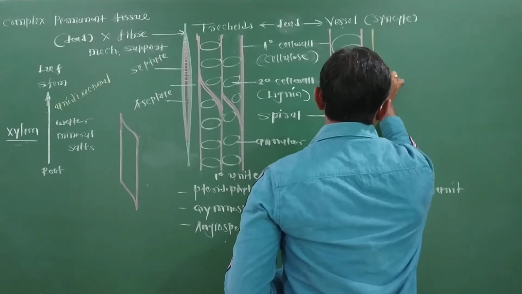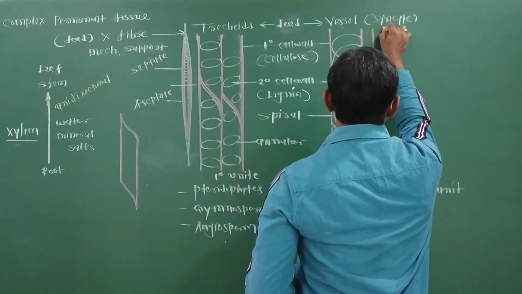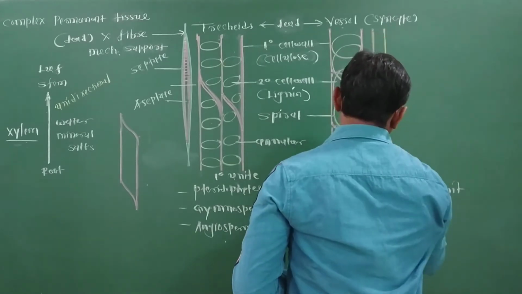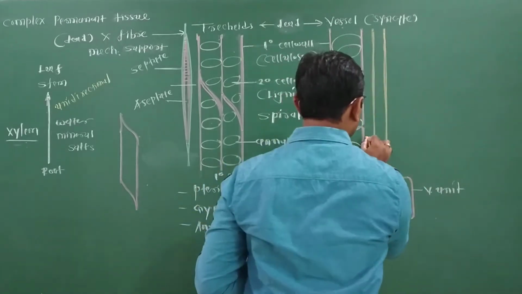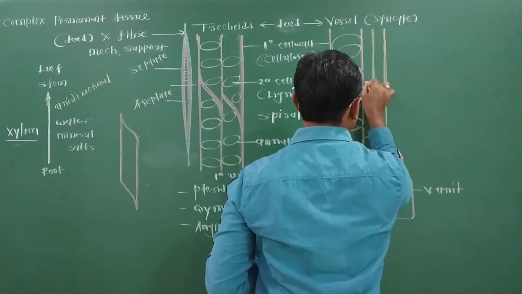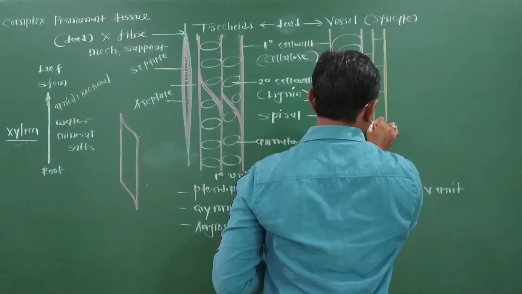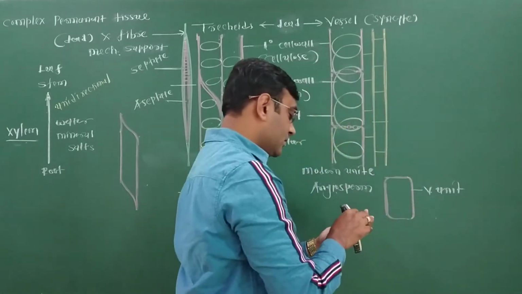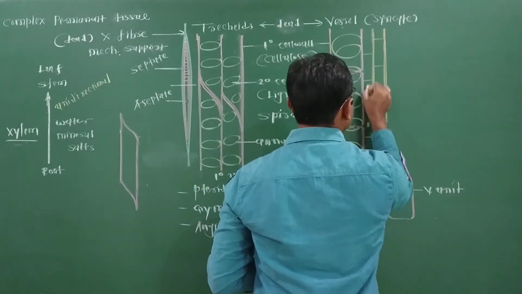This is a row of parenchyma cells. The wall is thin and made up of cellulose, and the cell is filled with cytoplasm plus nucleus.